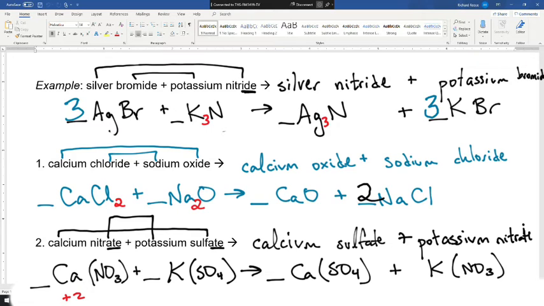Braylon, what's the charge of nitrate? You looked that one up for me a lot yesterday. I bet you remember it. Yeah, good. -1. Tanner, what's potassium's charge?